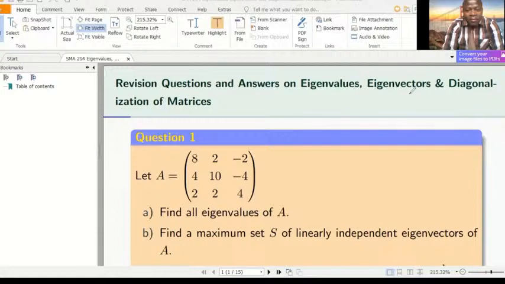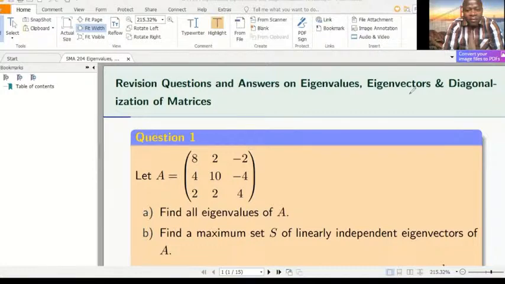How do you tell if a matrix is diagonalizable? That is what we'll be looking at today. We already tackled that, but today's lesson will show how to determine if a matrix is diagonalizable.